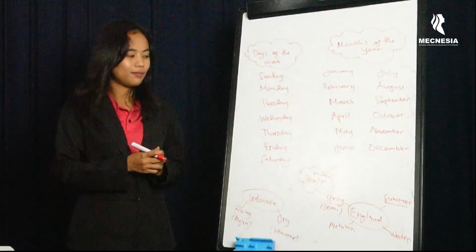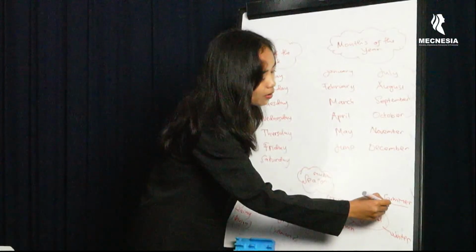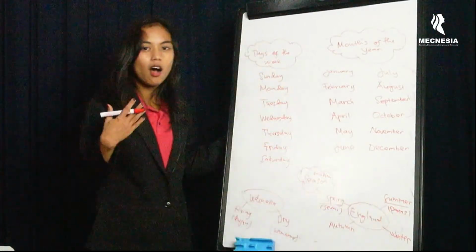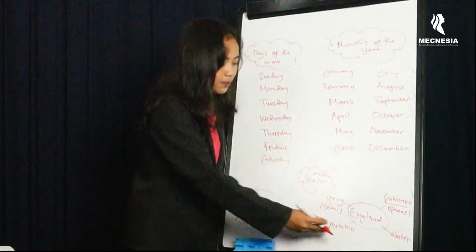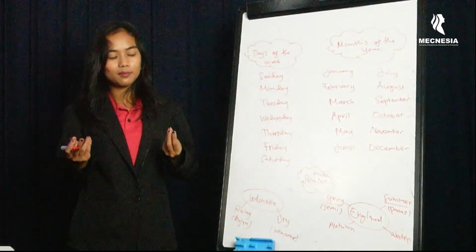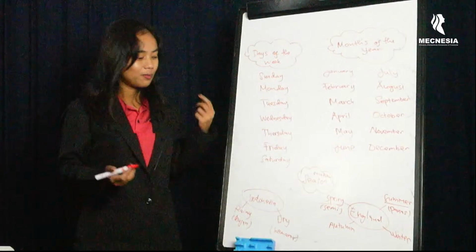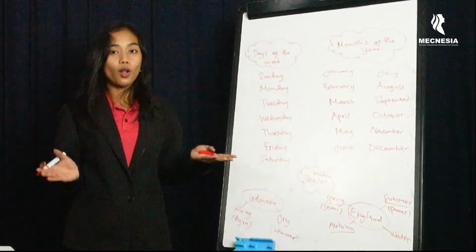Summer. One more time. Summer. Summer is musim panas. It's really hot. Next, we have autumn. Autumn. One more time. Autumn. Autumn is also called fall.